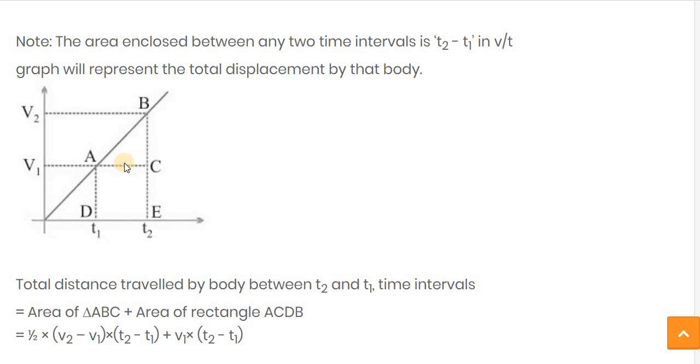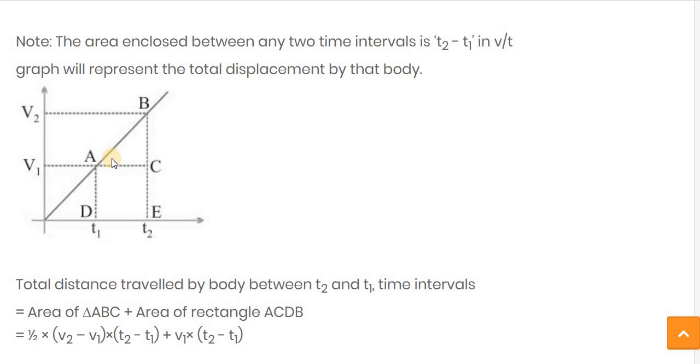If we add both of these, we get the final area of ABED. How can we get the total area? If we sum this triangle and this rectangle, we get the whole area. So the area of triangle ABC plus the area of rectangle ACED.